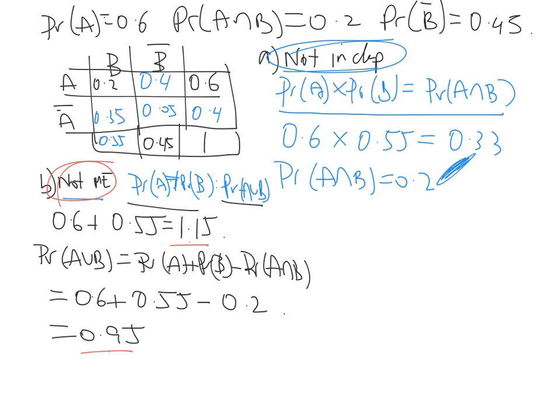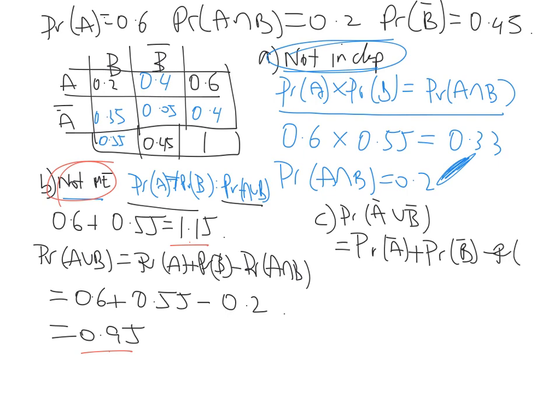Okay, for the last part, part C. Part C asks you to calculate not A union not B. And you do that using the law of addition. And it tells you to do it. So it tells us that the probability of not A plus the probability of not B minus the probability of not A and not B will give us that.